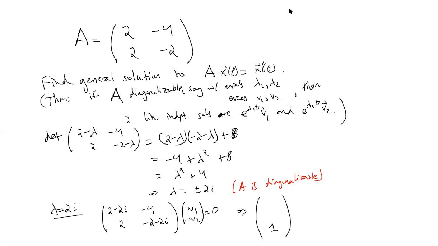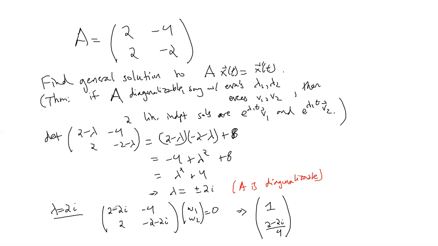So I'll make the first one 1, and then this one has to be negative 2 minus 2i over 4. That way when you multiply by the matrix, you should get 0.